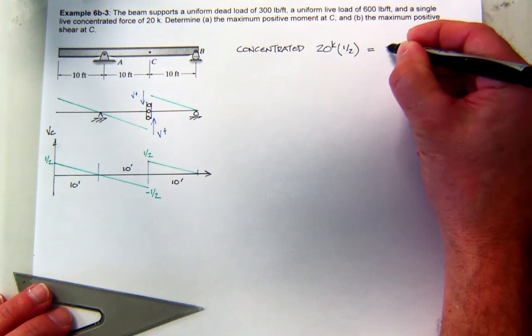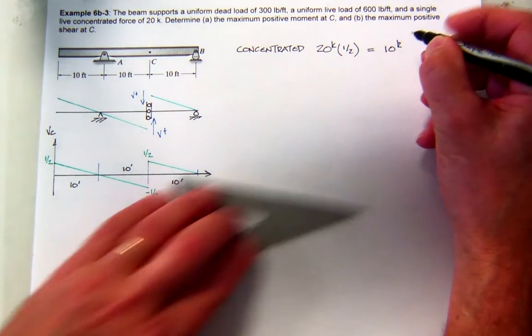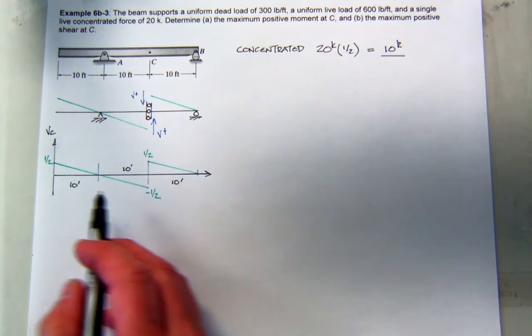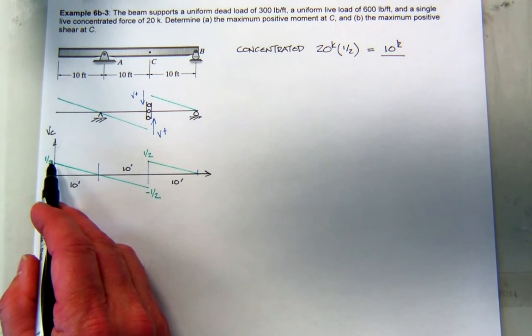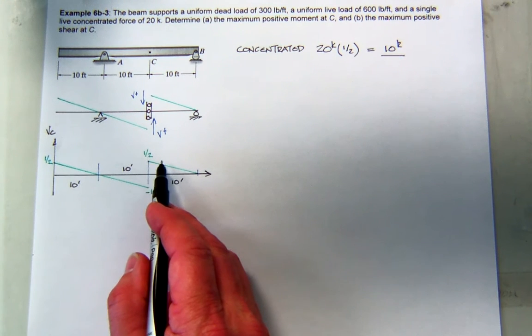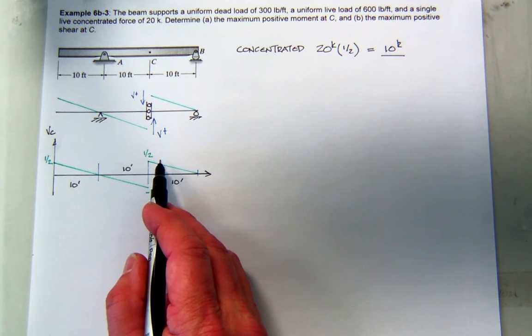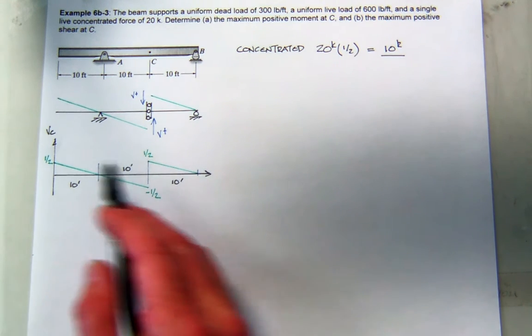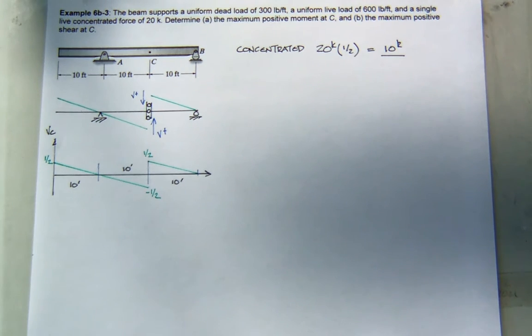So it looks like that's going to contribute 10 kips. Now where could that position be? It could be here at the free end or all the way over just to the right of C. Just to the left of C, it creates a negative value, so we don't want that. So there are 2 possible positions for that live load to create the maximum shear at C.